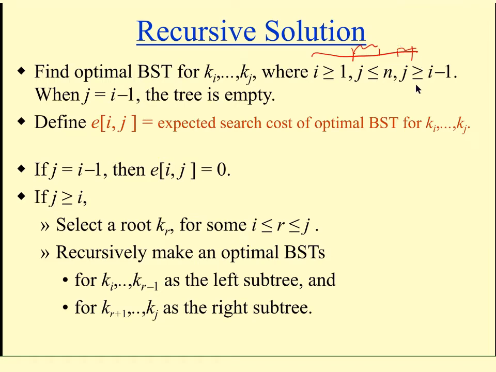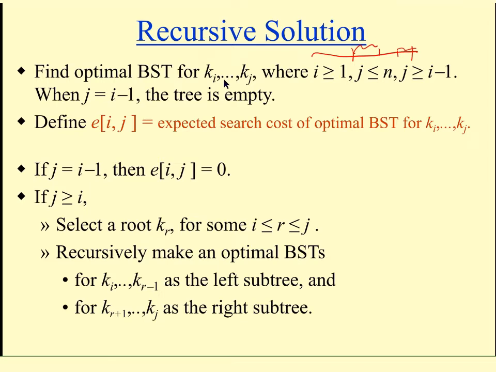And J must be larger or equal to I minus 1. Okay. So when J equals I minus 1, then the tree is empty. So for this one, we allow J to be on the left. Okay? That means, for example, if you reach I and then I minus 1, this is also allowed.